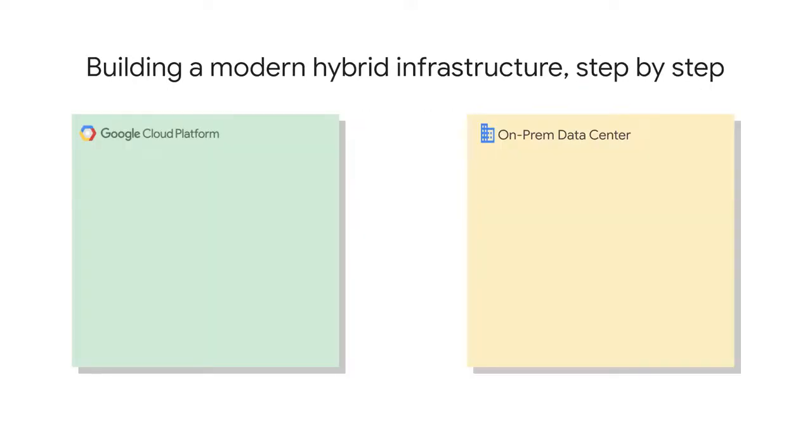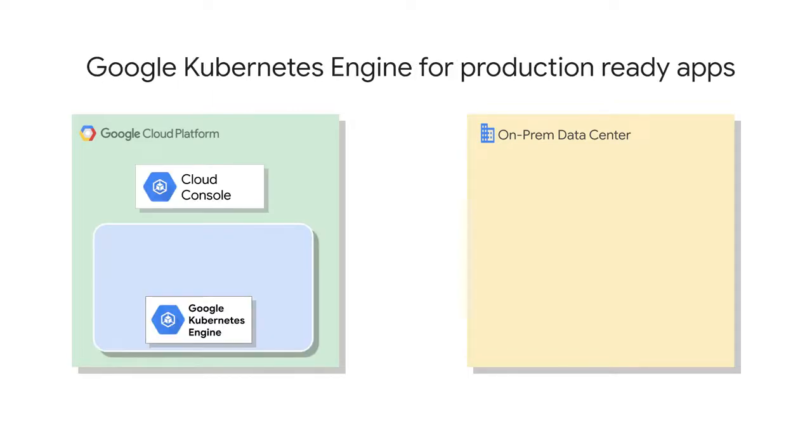Let's take a deeper look at this framework as we build a modern hybrid infrastructure stack step by step with Anthos. First, let's look at Google Kubernetes Engine on the cloud side of your hybrid network.